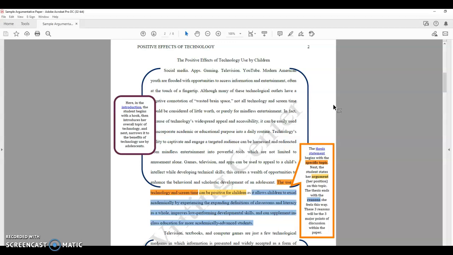And this thesis statement identifies the topic and then narrows down and clearly states what her argument is. She's going to argue it can be positive. And then it lists her 3 arguments, the 3 major points of discussion within the paper. So this is a very nice introduction.